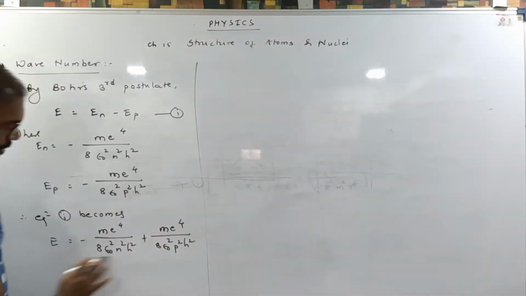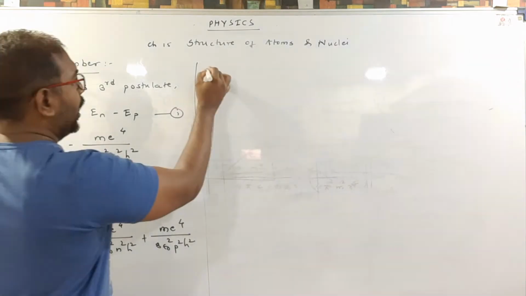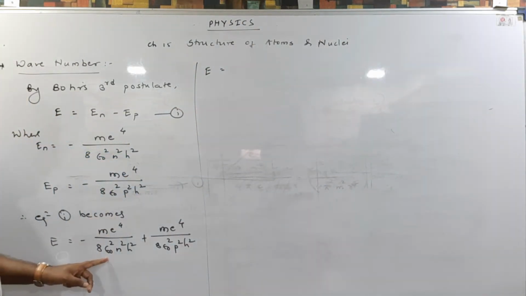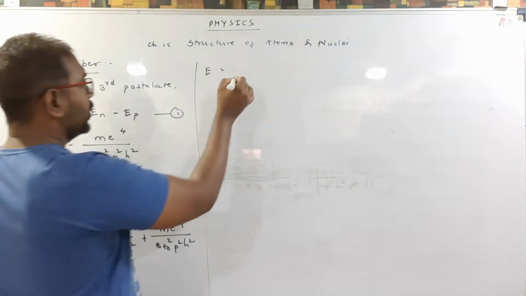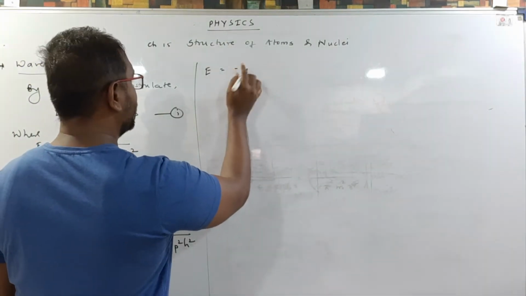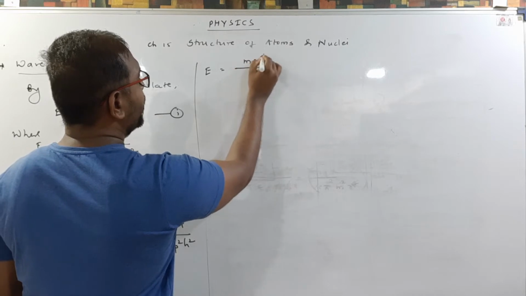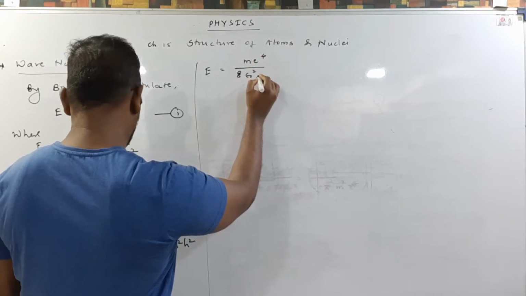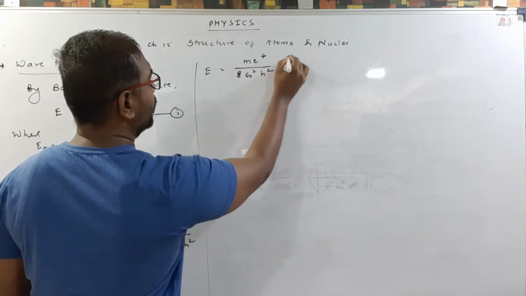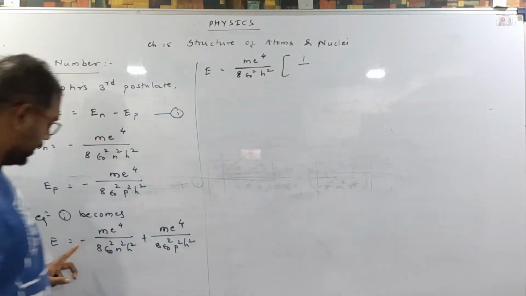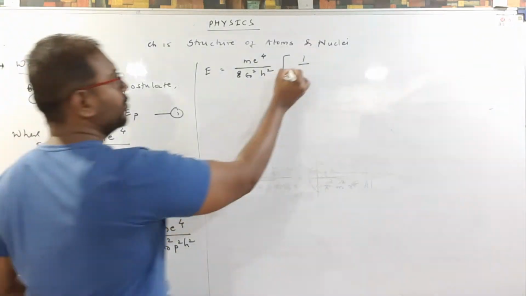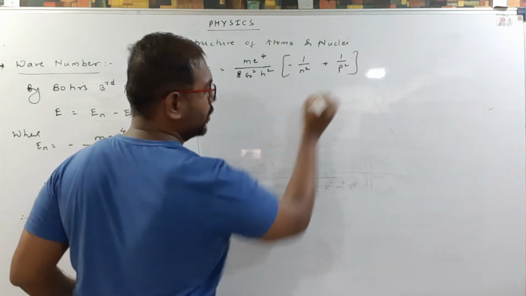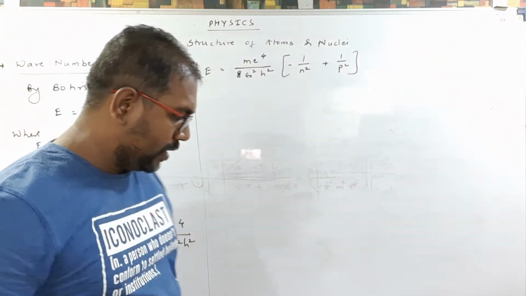Now after that we can take common from these two, and the common terms are me raised to 4, 8 epsilon 0 square and h square. No need to take minus common. So I directly write me raised to 4 divided by 8 epsilon 0 square h square, times minus 1 by n square plus 1 by p square. So these are the common terms.